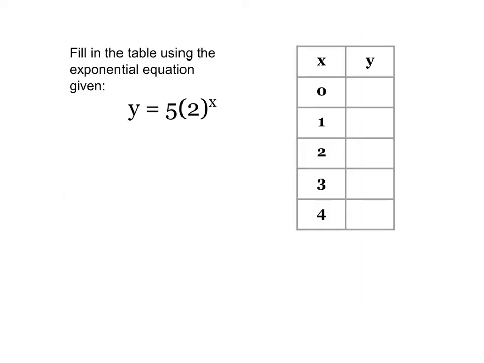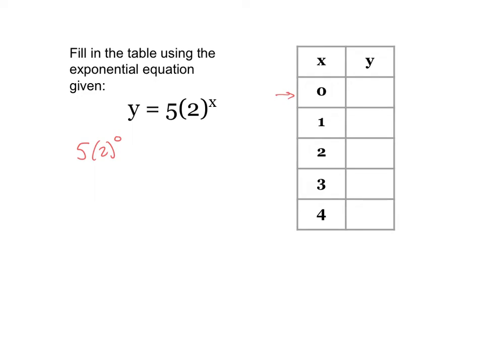So one thing we're going to have to be able to do is fill in a table using an exponential equation. Okay, so here's our equation, and there's the table, so we'll try to fill that in. So for term 0, or the y-intercept, we would just plug a 0 in for x. So this would be 5 times 2 to the 0 power. Now, 2 to the 0 power is just 1.